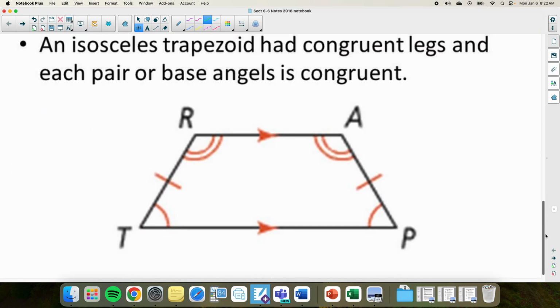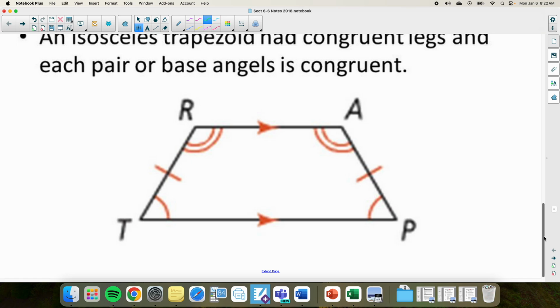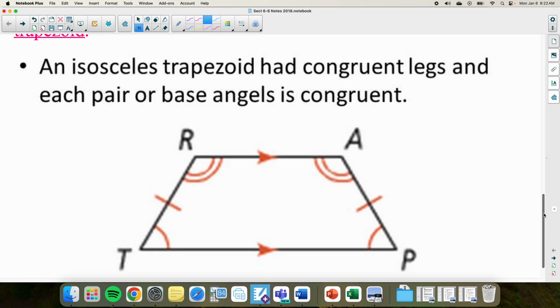so down here, the next thing we're going to talk about is an isosceles trapezoid. So a trapezoid in itself has one pair of opposite sides parallel. Okay, that's what makes it a trapezoid. What makes something isosceles is that your legs are congruent.